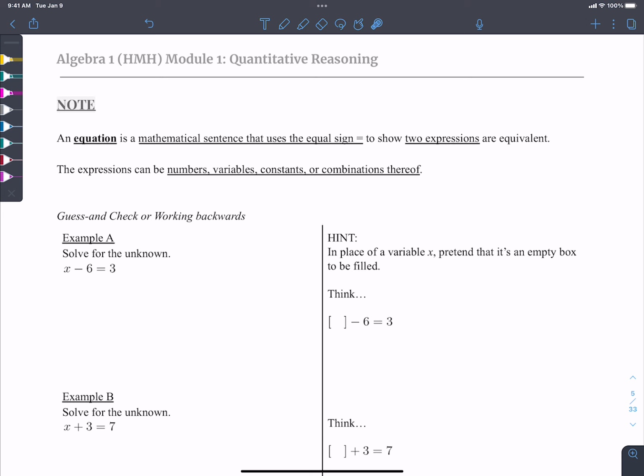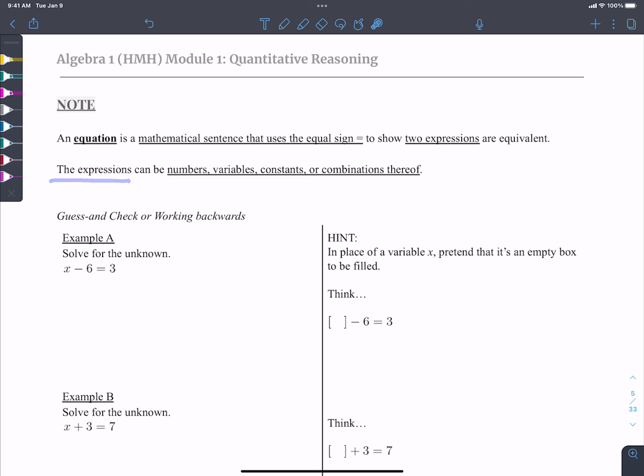You should be copying down the underlined words. An equation is a mathematical sentence that uses an equal sign. It uses the equal sign to show two expressions are equivalent.